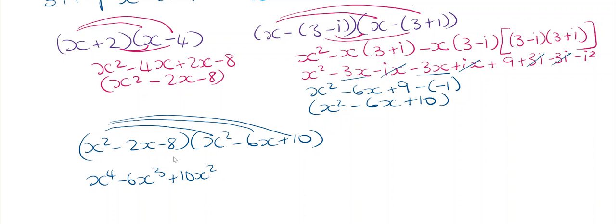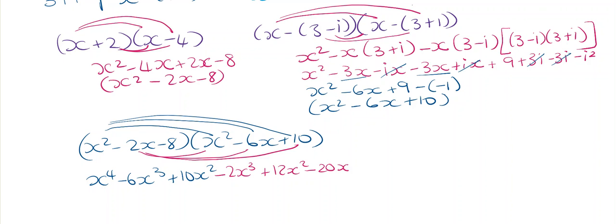And now we need to look at everything. So we're going to multiply everything by the minus 2. So minus 2 times x is going to be minus 2x cubed. Minus 2 times minus 6x is going to be plus 12x squared. And then minus 2 times 10 is going to be minus 20x.